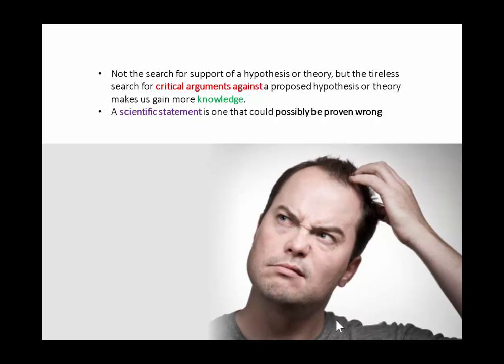It doesn't mean that ultimately it turns out to be wrong, right? But your test is set up in such a way that it can potentially be proven wrong. That's the key component here. And that's what defines a scientific statement, that it can possibly be proven wrong.